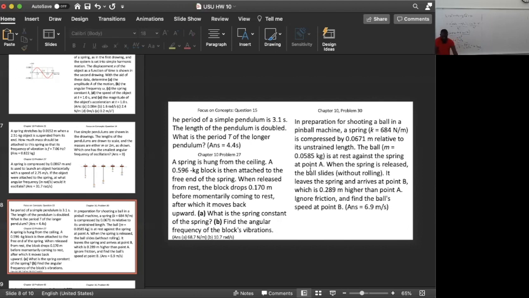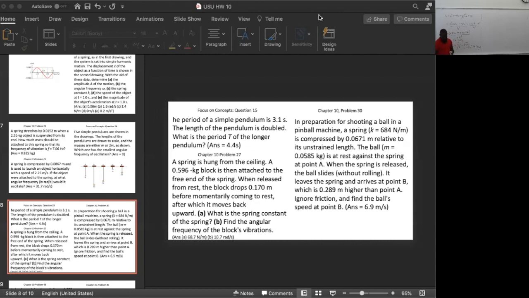Okay. So here we're still going to do another conservation of energy for both points. Is that okay? And then we're going to do half mv squared, mgh, half kx squared. Half mv squared plus mgh, like that, for both points. So let's go there.